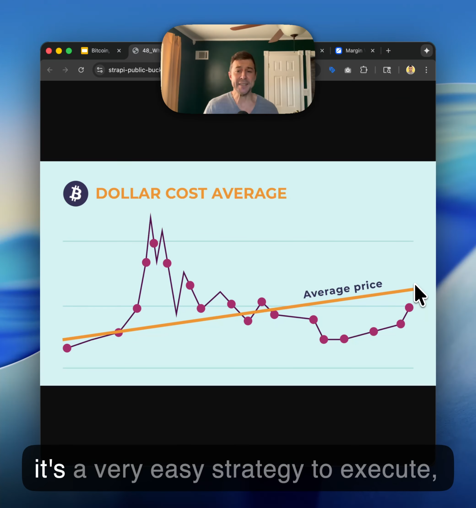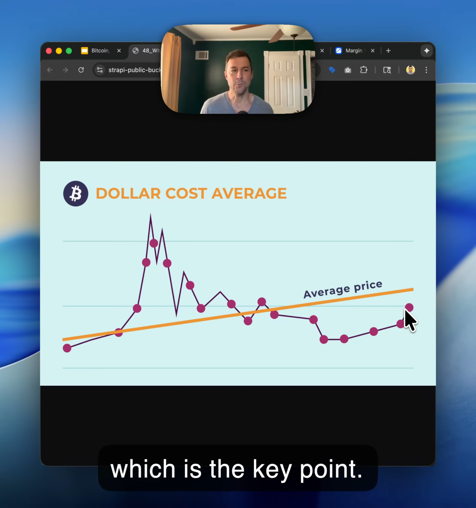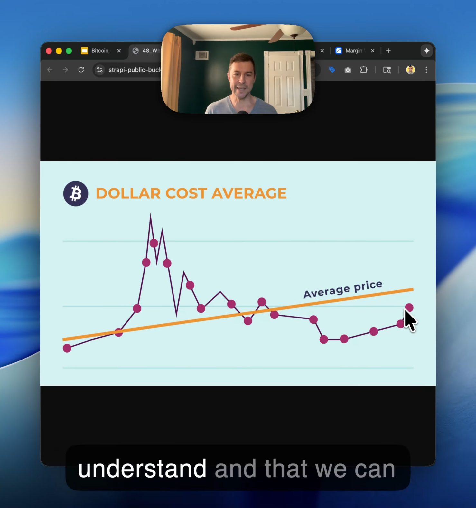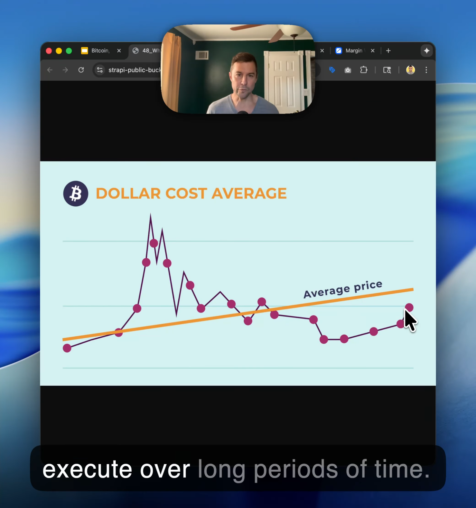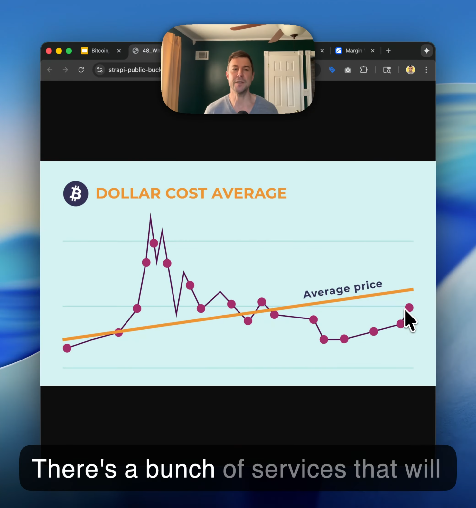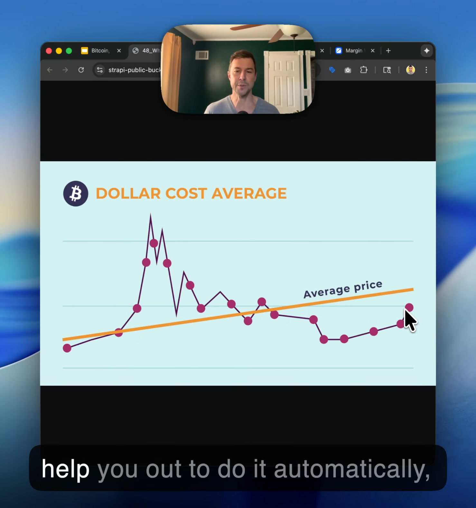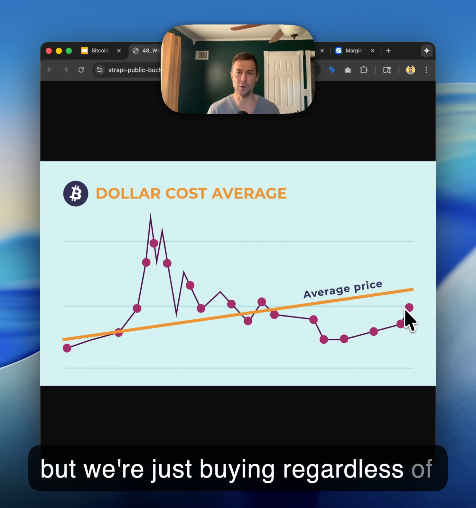And it's a very easy strategy to execute, which is the key point. We need something that we can understand and that we can execute over long periods of time. You can do this manually. There's a bunch of services that will help you do it automatically, but we're just buying regardless of price.